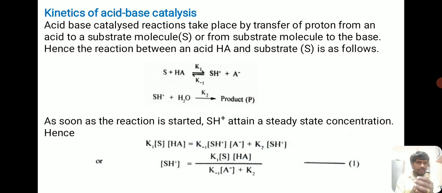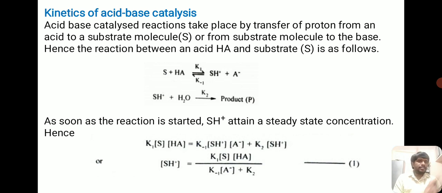Say, for example, when substrate S is treated with an acid, that is HA, it gives rise, in the forward reaction, to SH+ plus A-, that is, a transfer of proton to the substrate takes place.